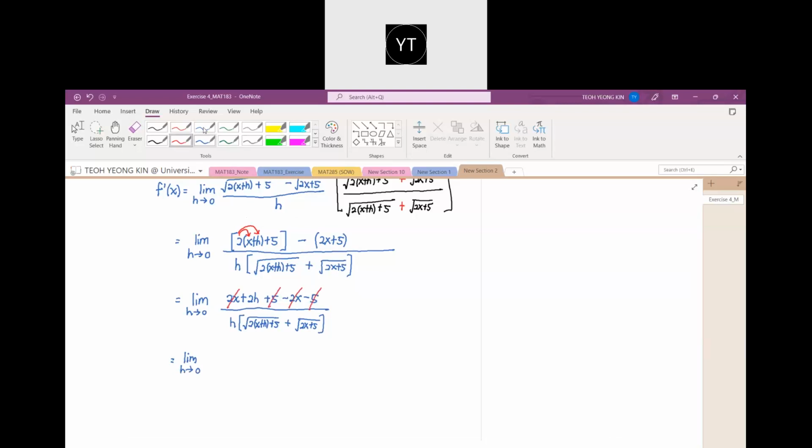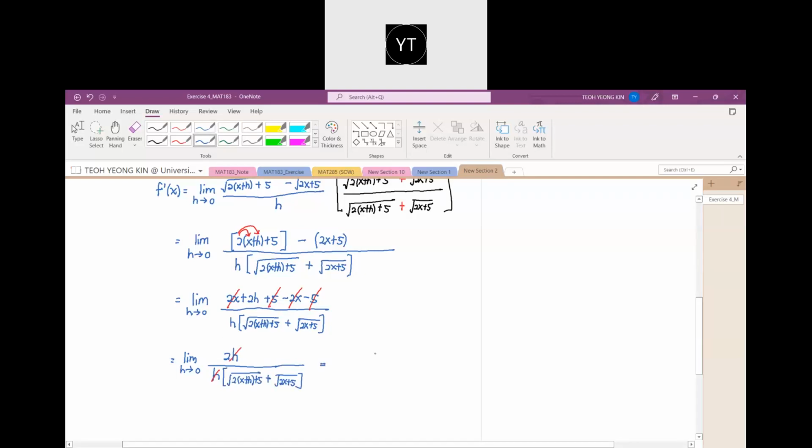What we have in the numerator will be 2h over h in the square bracket, square root of 2x plus h plus 5 plus square root of 2x plus 5, close bracket. Again, we simplify the h. And then finally, substitute the h with 0.